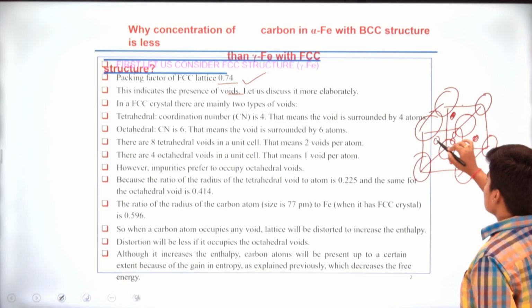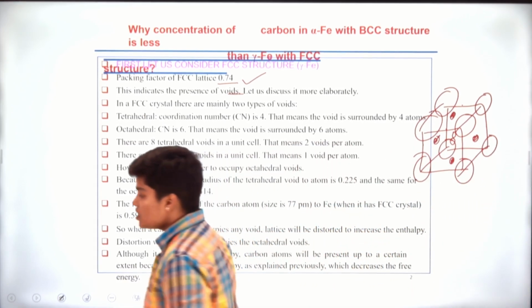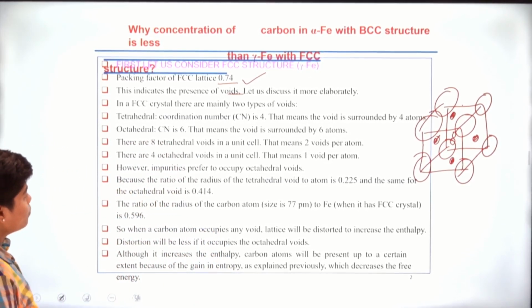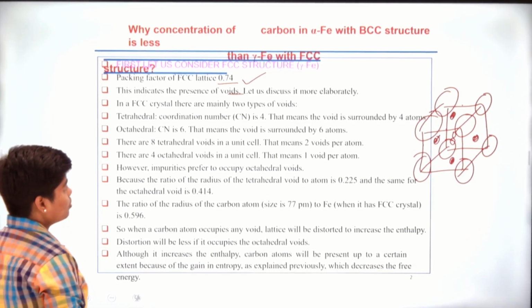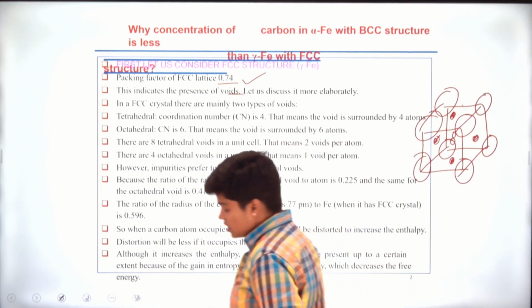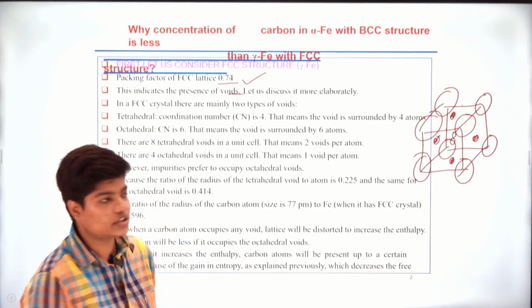So if the packing factor of FCC is 74%, the rest of the void will be filled by what? Impurities, let us say here it is carbon. We have 2 types of void: tetrahedral voids and octahedral voids.